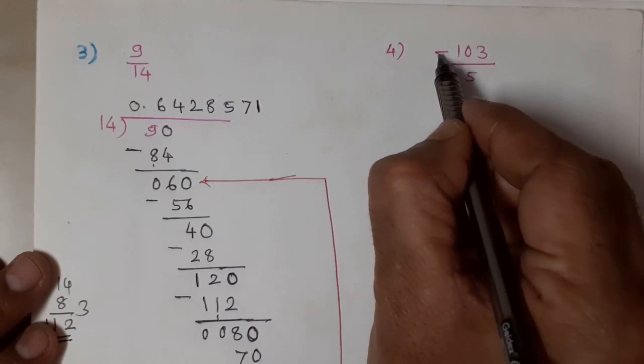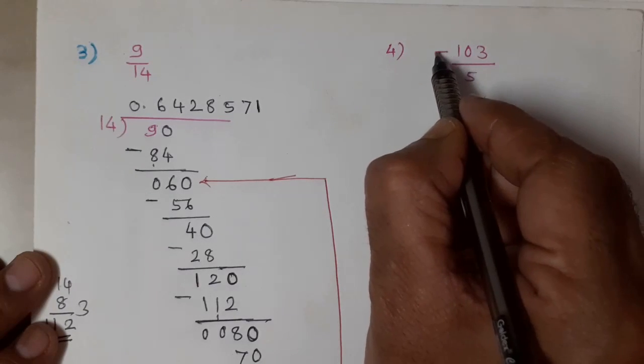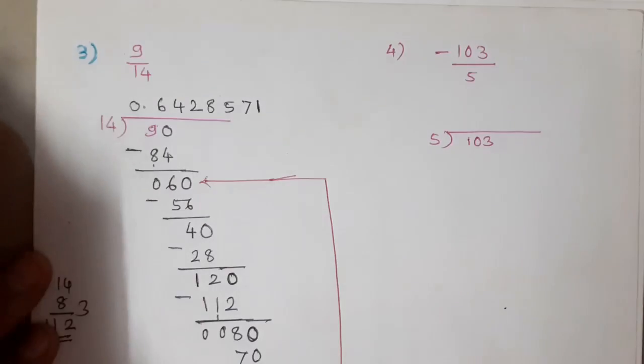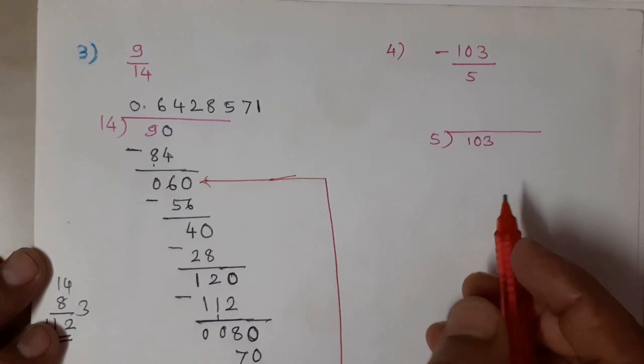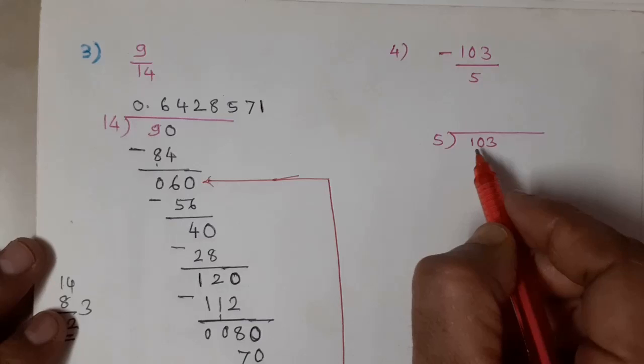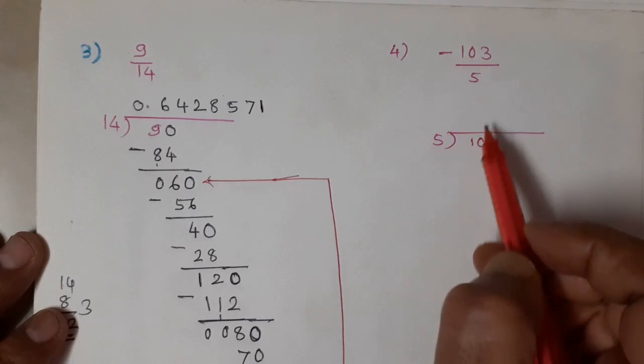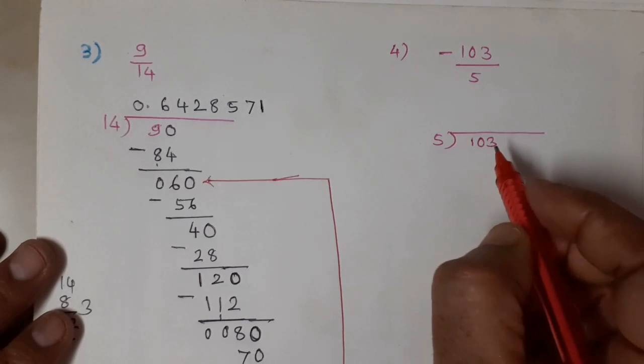No doubt this has the negative sign. When the result comes, we will add this negative sign to that result. For the sake of simplification, we are considering that we are dividing 103 by 5.